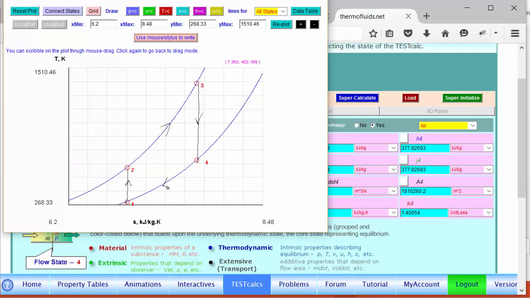If we made a mistake, we'll find that these constant pressure lines will not pass through as expected, because from 2 to 3 pressure should remain the same, and from 4 to 1 pressure should remain the same. That's why a constant pressure line should look like they are looking in this TS diagram.